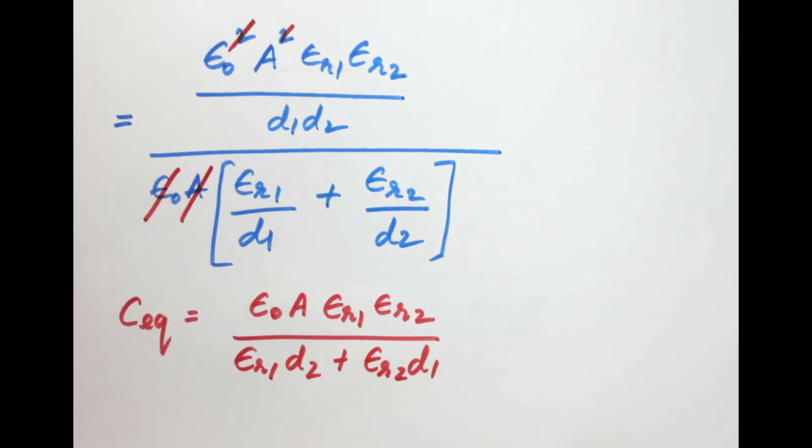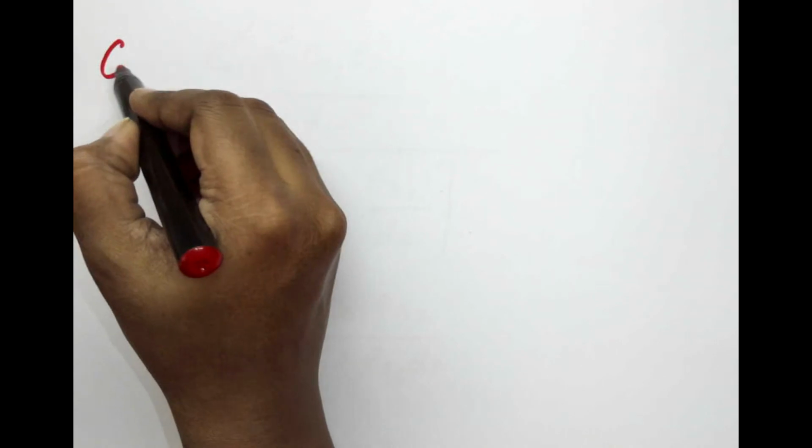Okay, let me just grab another sheet of paper. We'll substitute the values here. Here, what do we have? Let me write that down.